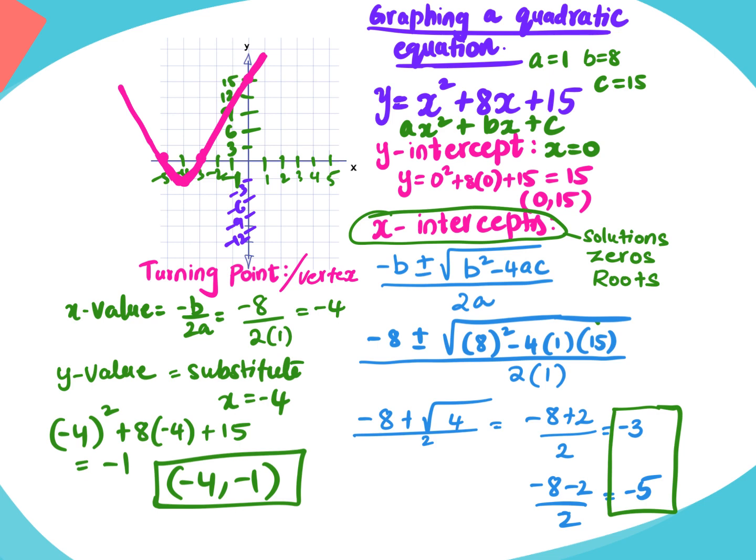Then you took the x value and substituted it into the original equation, x squared plus 8x plus 15, and you figured out that your y value is -1, and finally this is your vertex or turning point, TP.